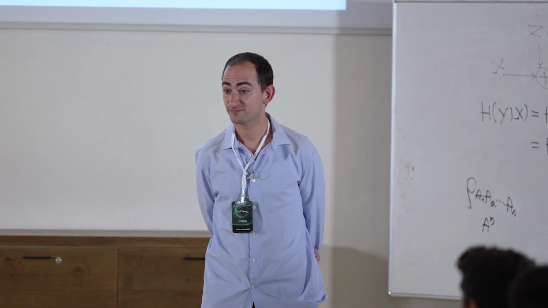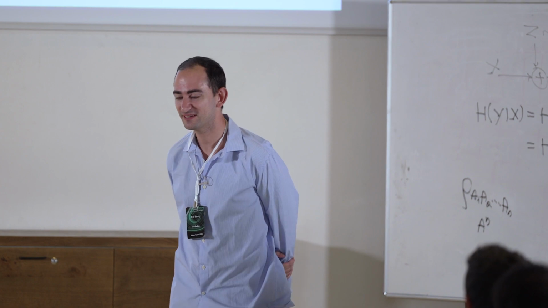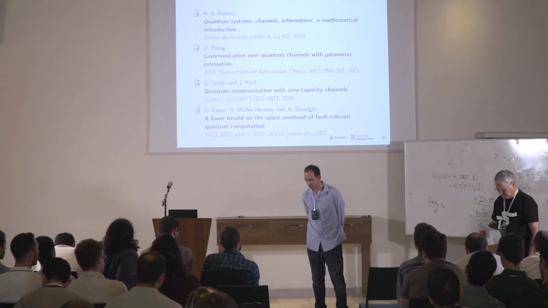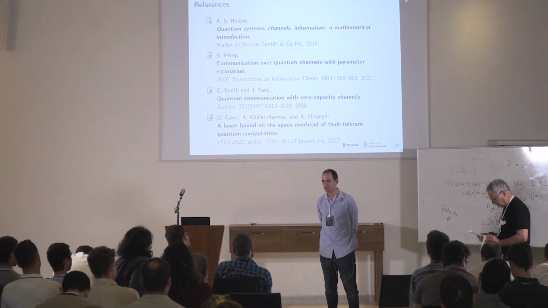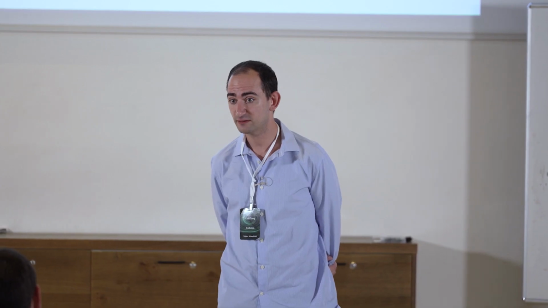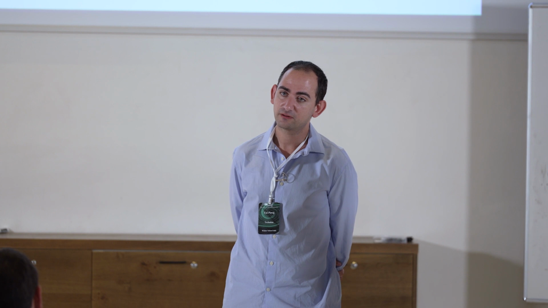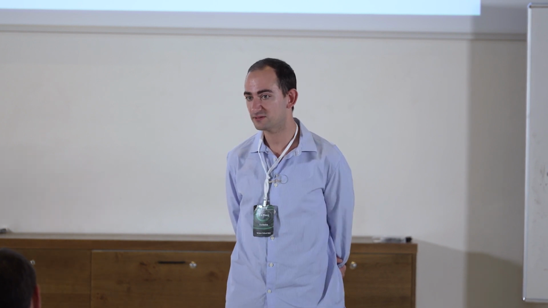So what are the open problems? Well, we've seen a few. We don't have a complete characterization of the classical capacity. We don't have a complete characterization of the quantum capacity either, although we do have a complete characterization for the entanglement-assisted capacities.